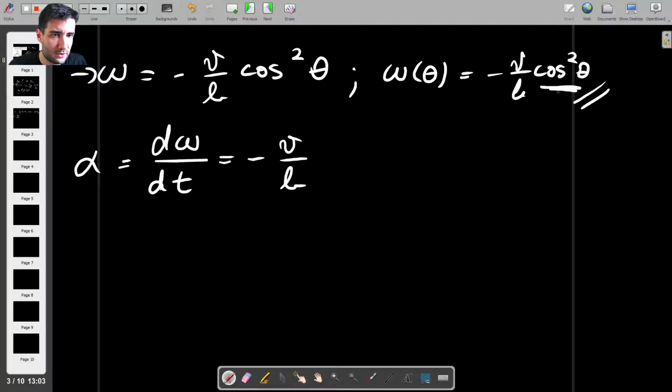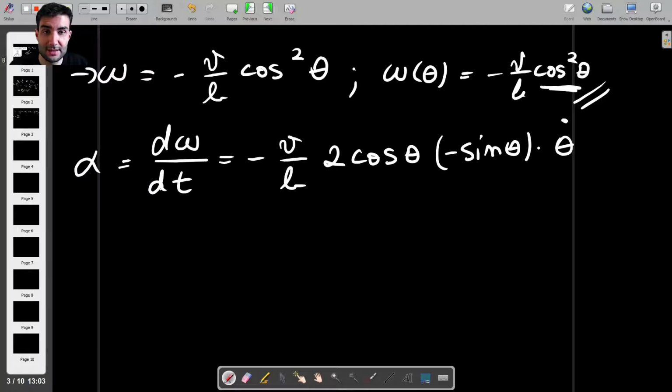And then we have to differentiate cosine squared. That's going to be 2 times cosine of theta, right? We just differentiate it as a power for now. Then we differentiate the cosine, which is minus sine theta. And then we have to differentiate theta itself, which is theta dot, right? That's theta differentiated with respect to time.